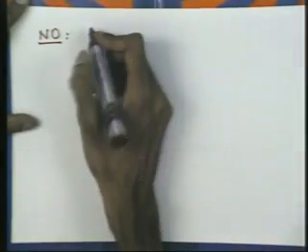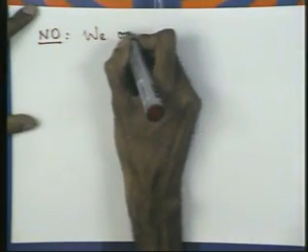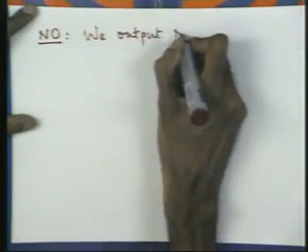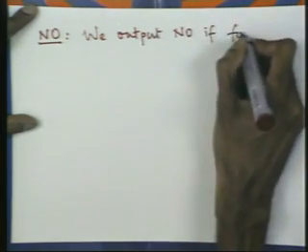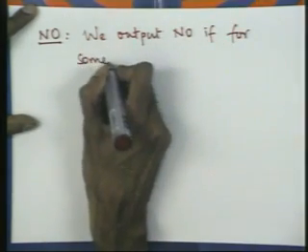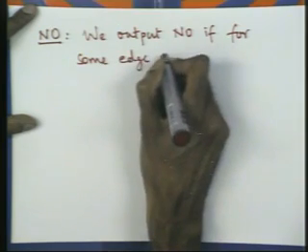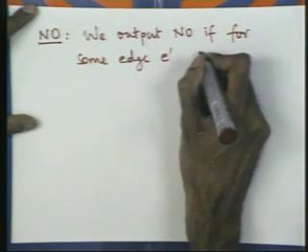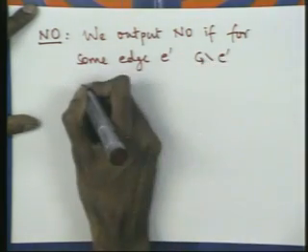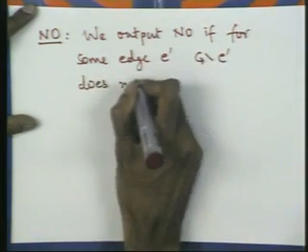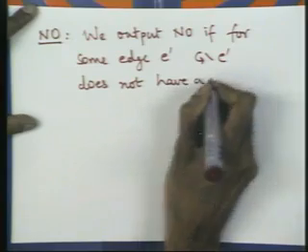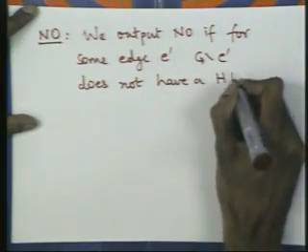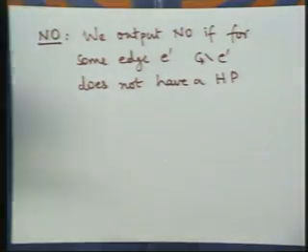So we output no if for some edge E prime, G minus E prime does not have a Hamiltonian path. So if I remove this edge E prime, then the graph does not have a Hamiltonian path.